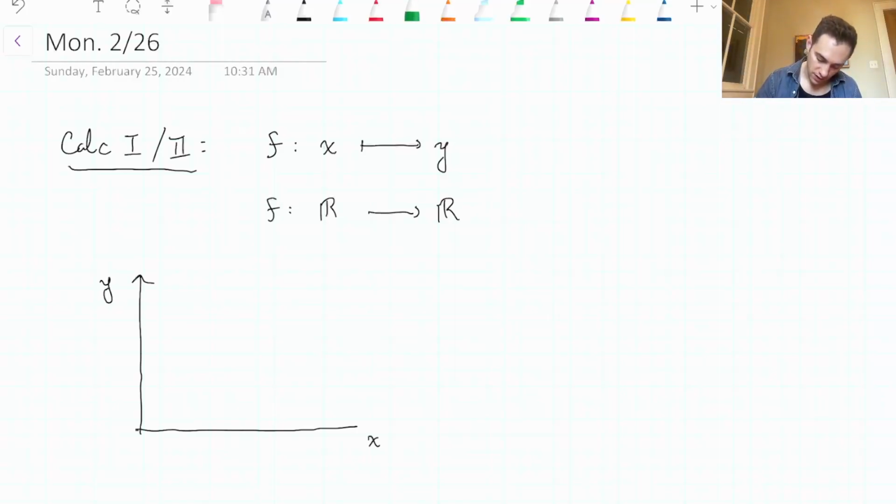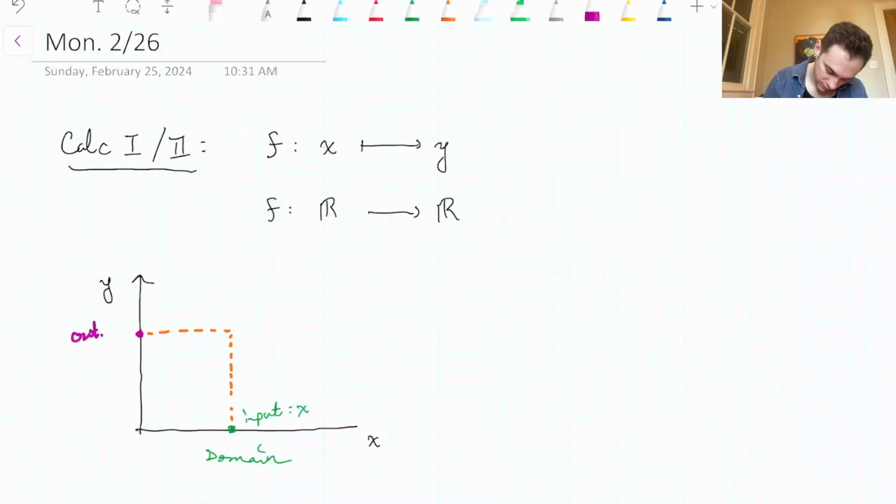And we think of our domain as taking an input, x, and then the function transforms that input into an output, y, and then the corresponding point, x comma y, or x comma f of x, is plotted above the axis.